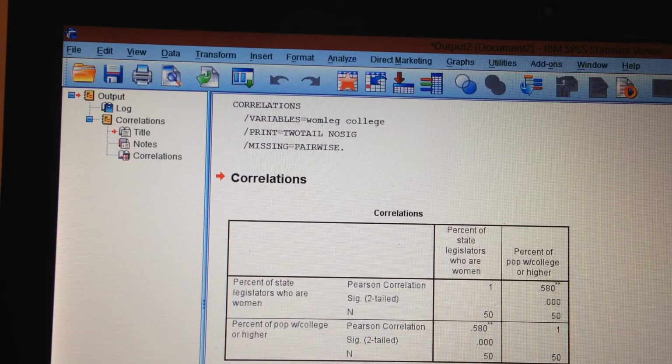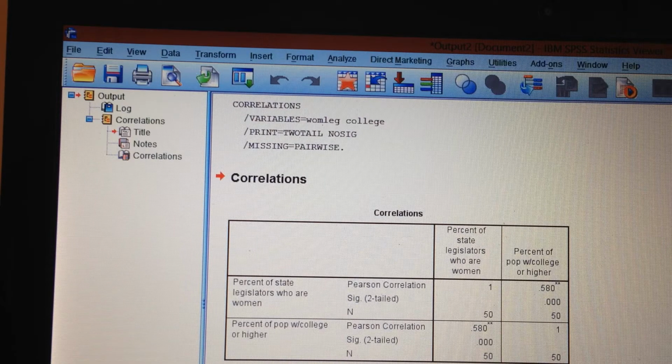As that number approaches 1, it becomes more likely that the result is bullshit. As it approaches 0, it is more likely that the relationship is real. So statistical significance is the way that we measure the likelihood that our results are due to something real and not due to random chance, sampling error, something like that.